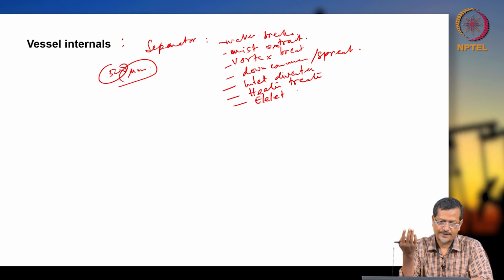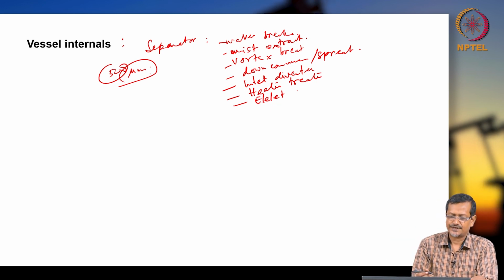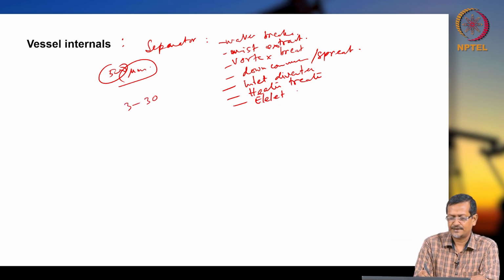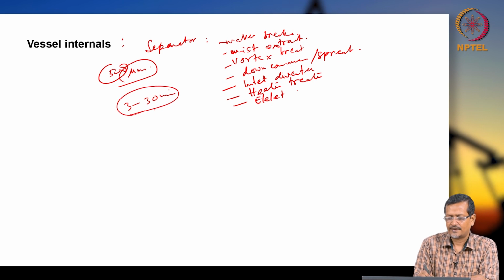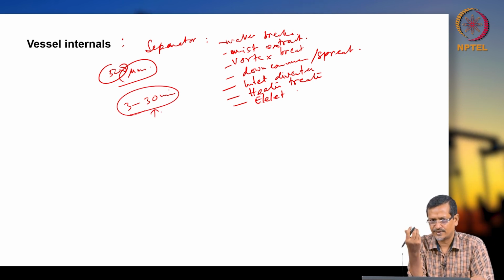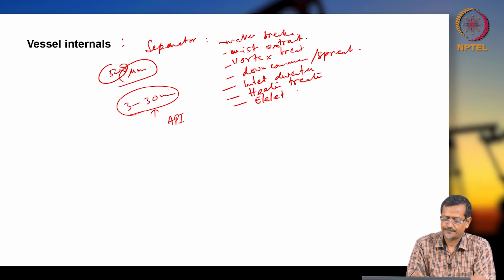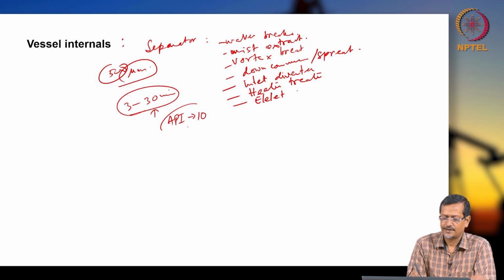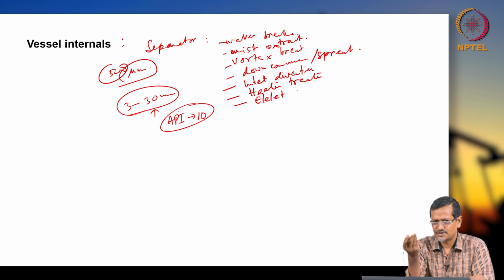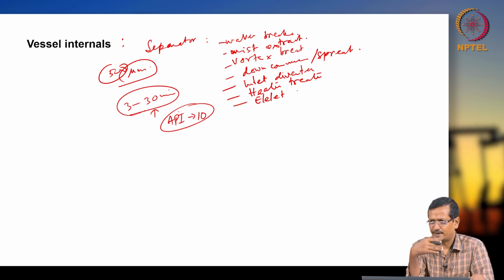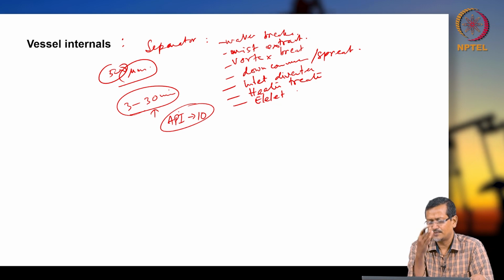There will be retention time, normally 3 to 30 minutes. For high viscosity fluid or heavy oil, like API 10, the viscosity is high, so the fluid particles will not separate quickly. So, you need more retention time.